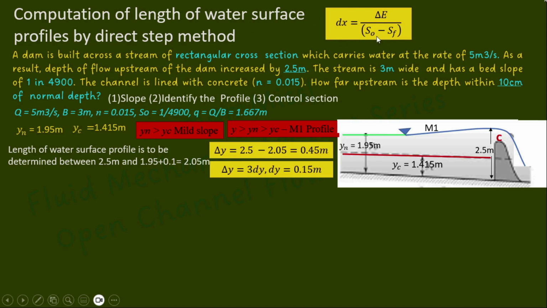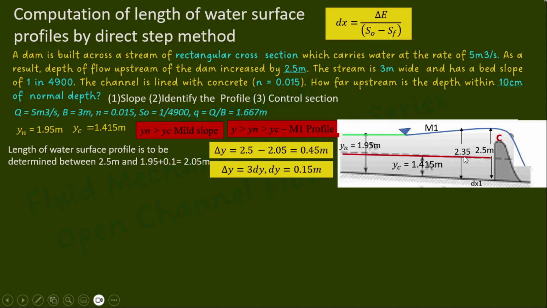Now we select a section with a level difference of 0.15 meter with respect to the control level, that is 2.35 meter, at a distance of dx1 from the control section. For these two sections, we calculate the specific energy and the corresponding Sf. By substituting in this equation, we can calculate dx1.